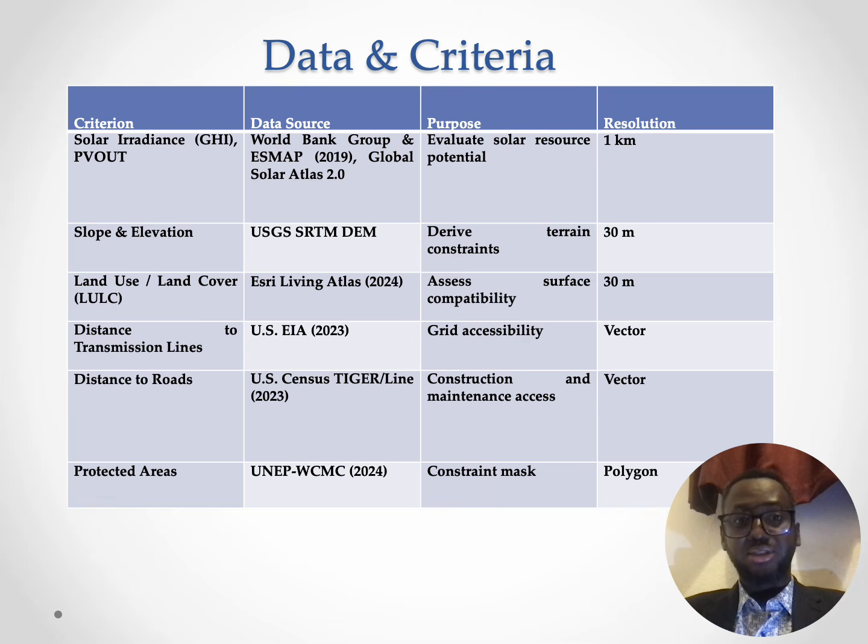These datasets were processed and combined to generate a spatial layer for the suitability model, which are solar irradiance, GHI, how much sunlight the area receives, slope and elevation, whether the land is flat or steep, land use, land cover, what is on the land, water, forest, building, etc. Distance to transmission line, how close the area is to power line, distance to road for construction and maintenance access, protected area, land that cannot be used because of its environmental sensitivity.